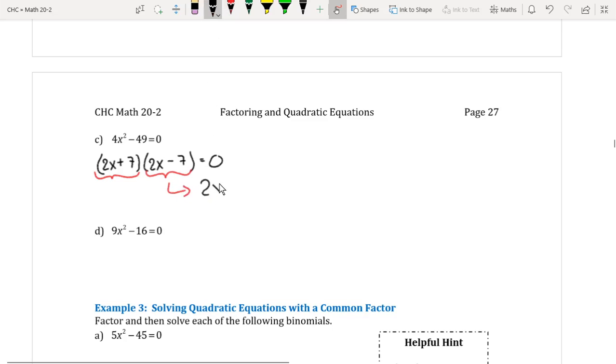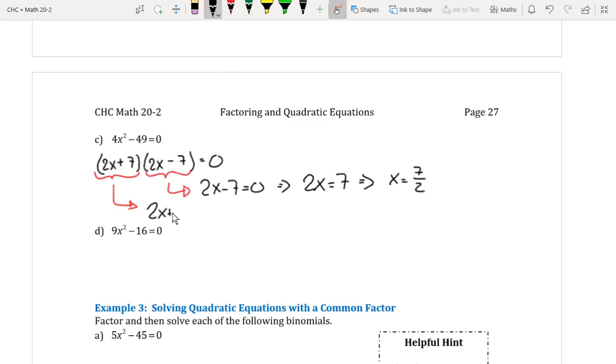So 2x minus 7 equals 0. We add 7 to both sides, so it's going to be 2x on the left-hand side and 7 on the right-hand side. Divide by 2, which leaves us with x equals 7 over 2. We're going to do the same thing with the other binomial, so it's going to be 2x plus 7 equals 0.